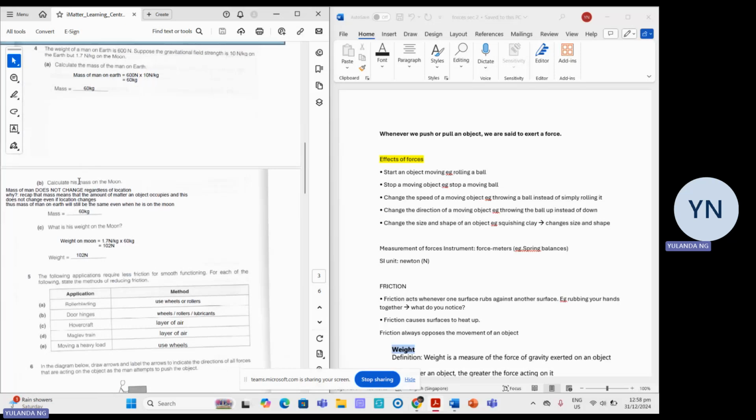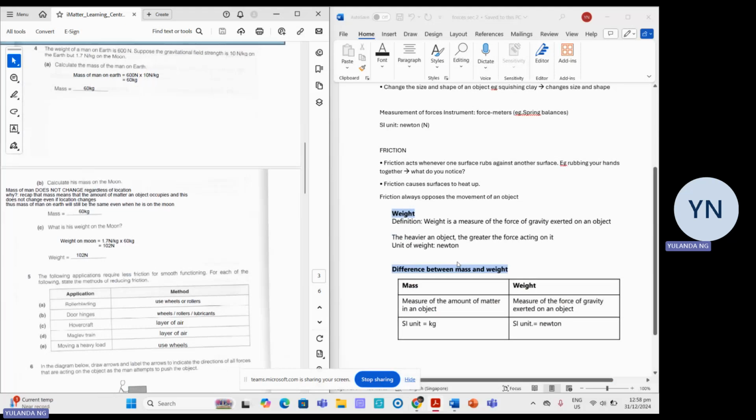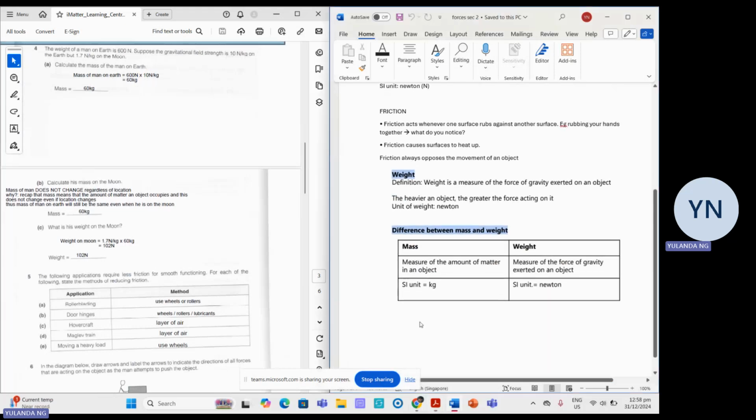Now we need to calculate his mass on the moon. I didn't write it in the notes here, but do take note, your mass does not change regardless of location, whether I put you on the moon, put you on Earth, put you anywhere, your mass does not change.